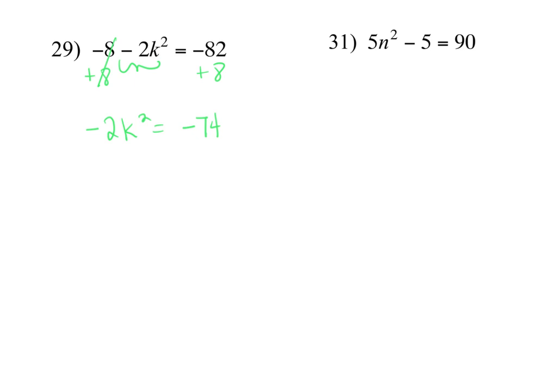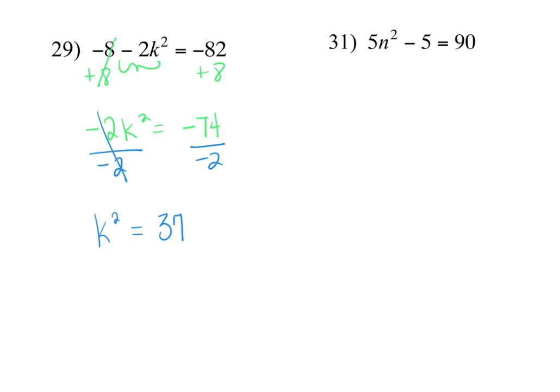We do not have the variable by itself yet, right? So my next step then is to divide both sides by negative 2. On the left-hand side, I have k squared. What do I now have on the right-hand side? Negative 74 divided by negative 2 is positive 37. This is going to have a solution. It's not going to be an integer, but it is going to have a solution.